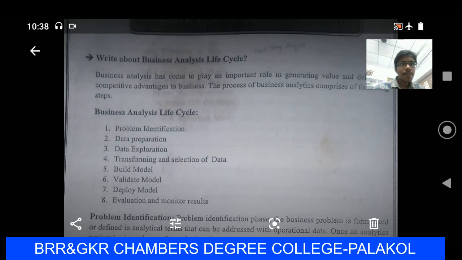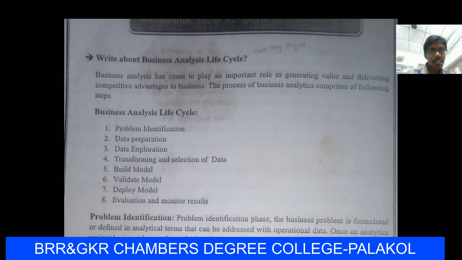The 8 main steps are: first, problem identification; next, data preparation; third, data exploration; fourth, transforming and selection of data; fifth, build model, which is evaluated for a particular problem prediction; sixth, validate model; seventh, deploy model; and eighth, evaluation and monitor results.